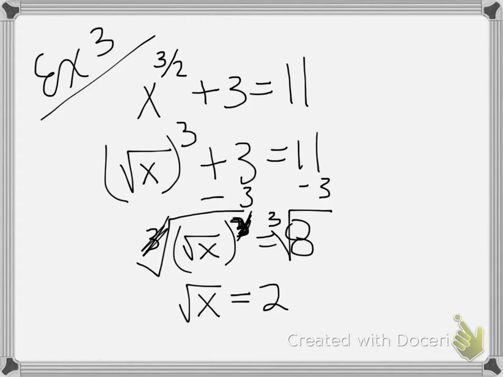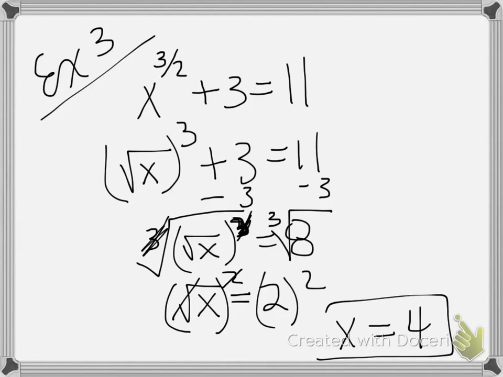How do I get rid of the square root? Well, I square and I square. So squaring the square root leaves me with x, and 2 to the second power is 4. So x to the 3/2 power plus 3 equals 11. That's my problem. If I plug in 4, then that's my solution to this problem.